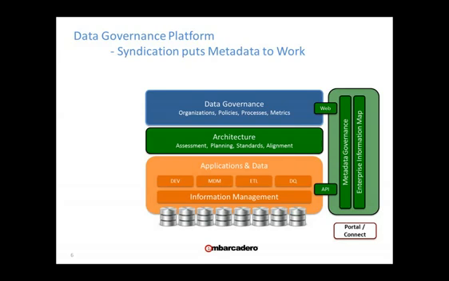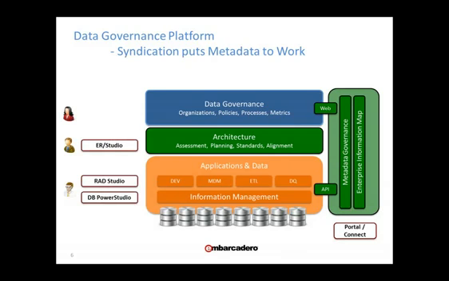So how does this create value? The metadata governance provides the essential collaboration layer to the enterprise information map so that all the stakeholders, the data architect, the data steward, the data subject matter expert, the data analyst, and the governance team are able to share and collaborate on this information.